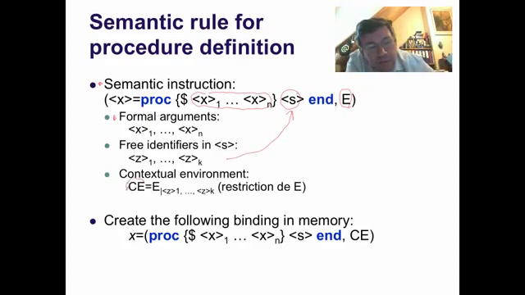So the contextual environment of this procedure is E, the environment at the execution, restricted to Z1 through ZK, only keeping the identifiers Z1 through ZK. Once we know that, we create in memory the binding to the variable x, which corresponds to identifier x: the procedure and its contextual environment. This is the first semantic rule. This creates the procedure value in memory.